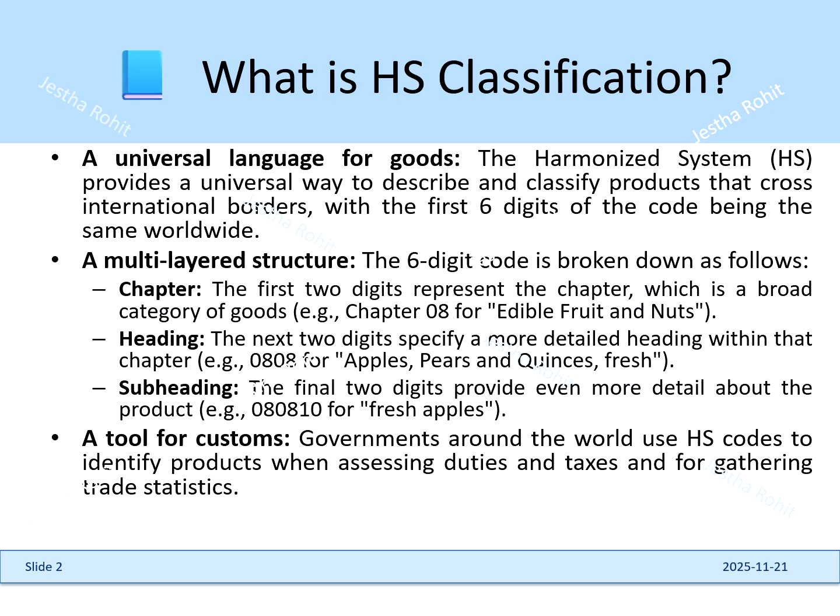For example, 0808.10 for fresh apples. This is its classification for customs. Governments around the world use HS codes to identify products when assigning duties and taxes and for gathering trade statistics.